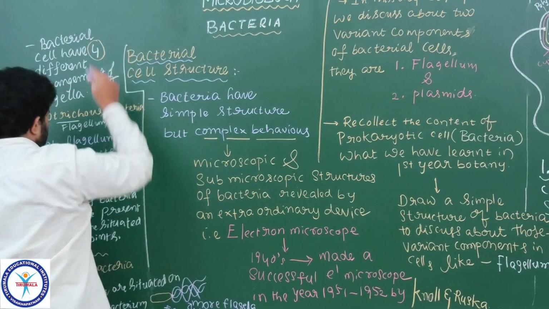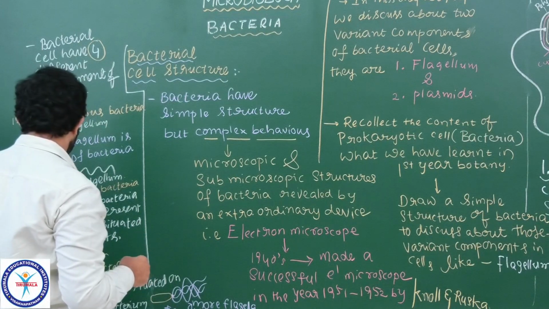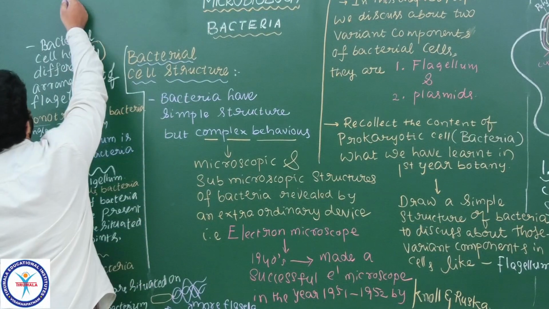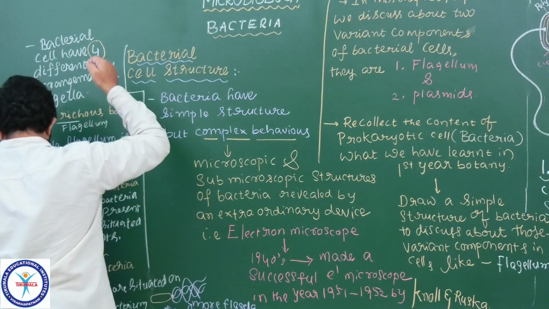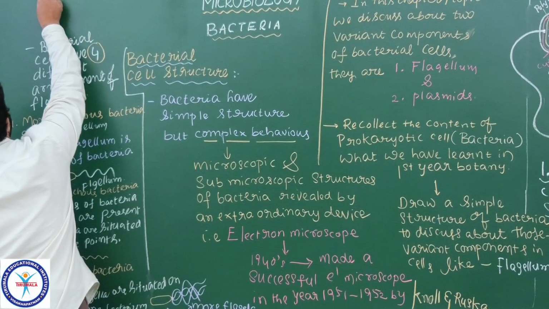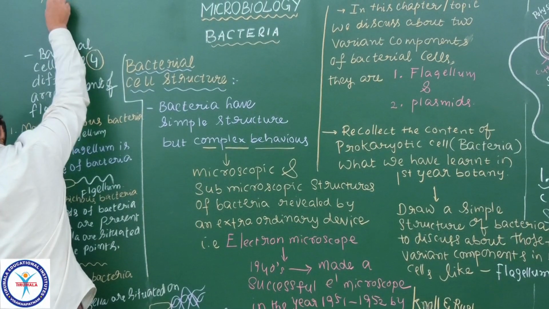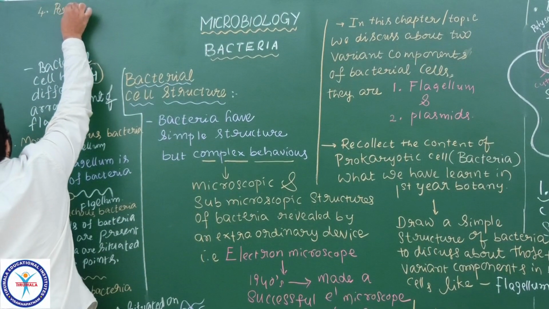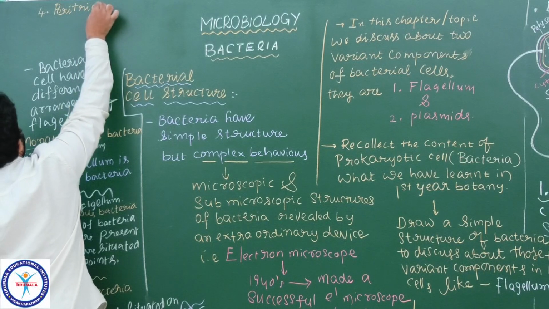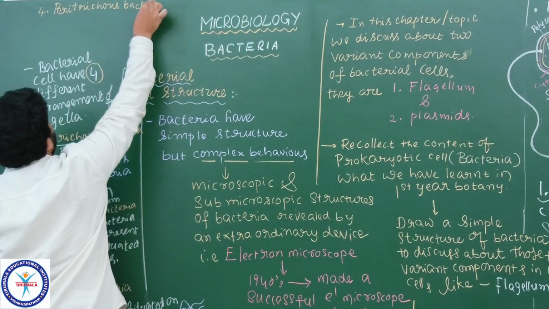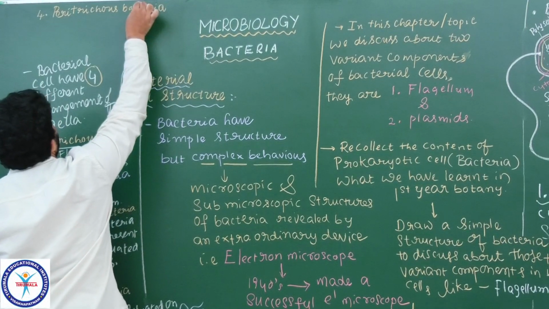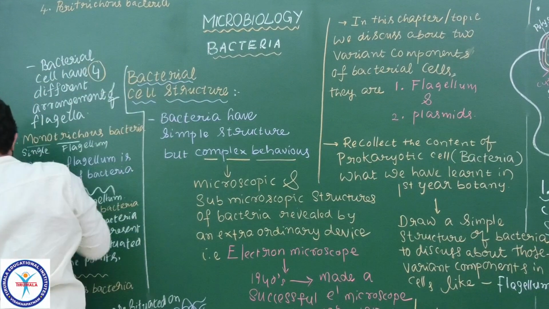Here I am going to write about the last type of bacteria based on their flagellar number and their arrangement on the bacteria, that is peritrichous bacteria.